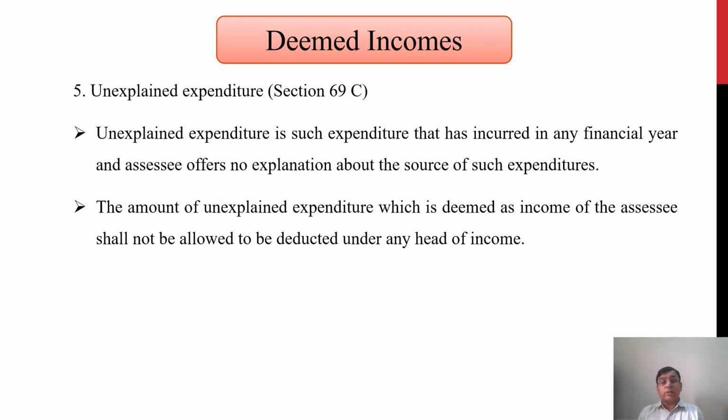Unexplained expenditure. Yes, unexplained expenditure is such expenditure that is incurred in any financial year and the assessee is unable to give any proper explanation regarding the source of such expenditure.